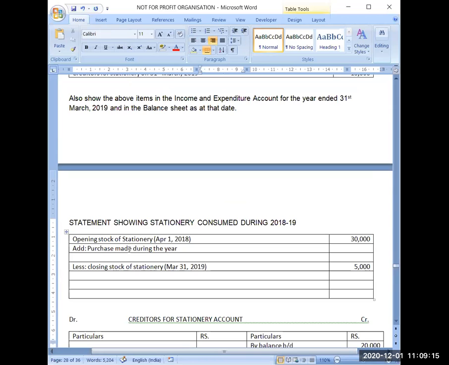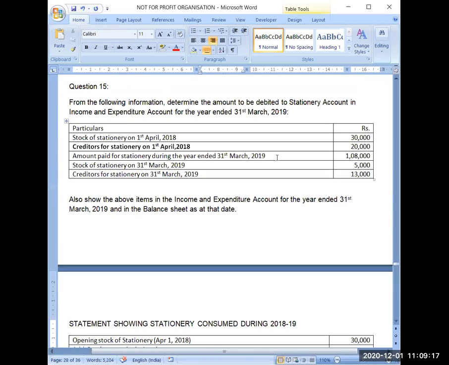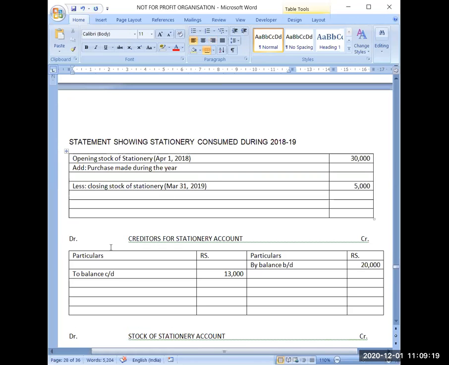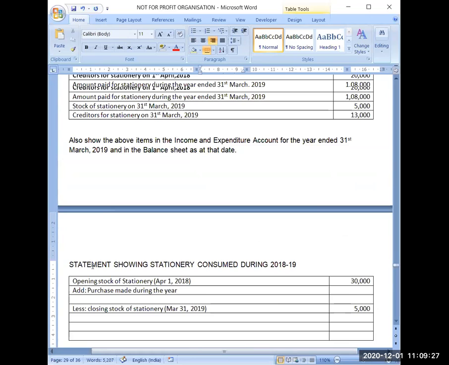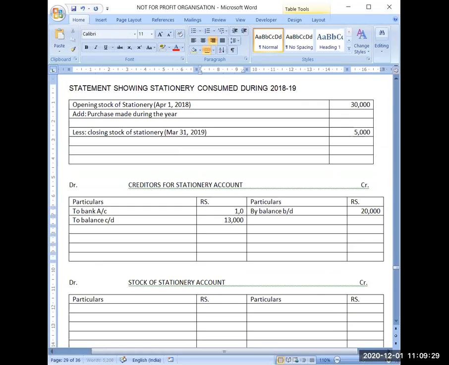Payment made has been given, 1,08,000. So here we will write the entry to bank account, 1,08,000. So the total is 1,21,000. Here we will write it 1,21,000.